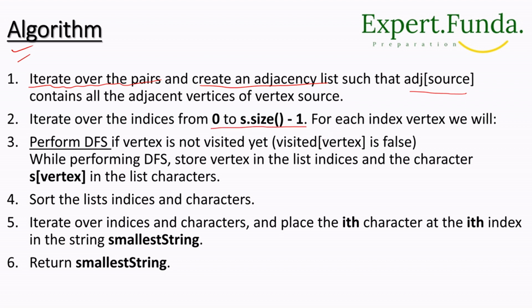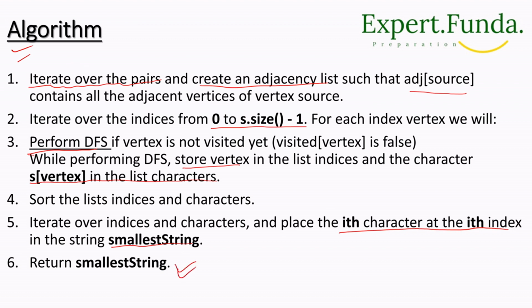For each vertex, if it is not visited, we will perform DFS and store the vertices in the list, and the characters at those indices in the list of characters. Then we will sort the list of indices and the characters, iterate over them, place the ith character at the ith index, and this is our smallest string, which we will return.